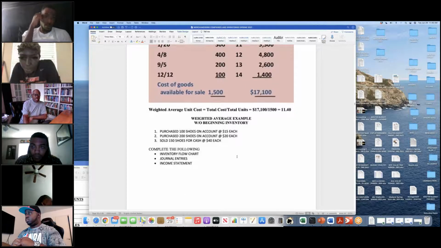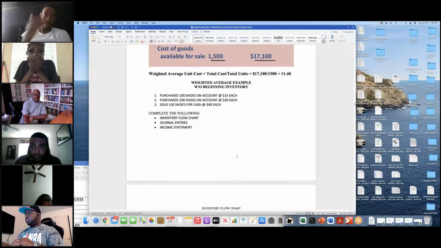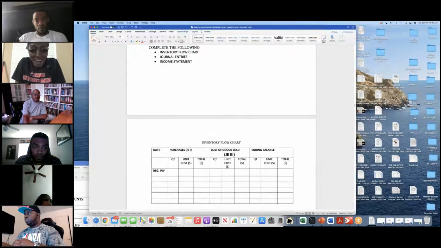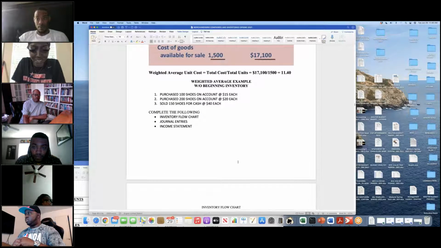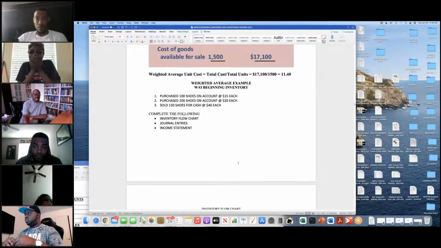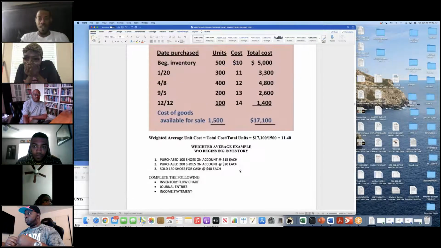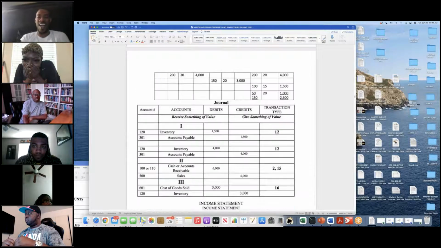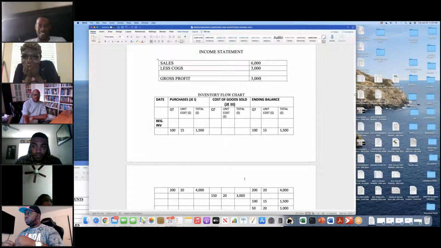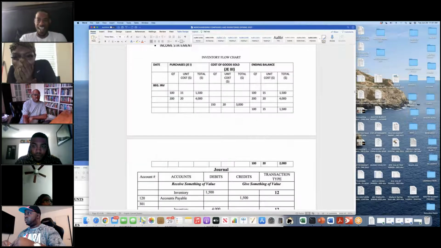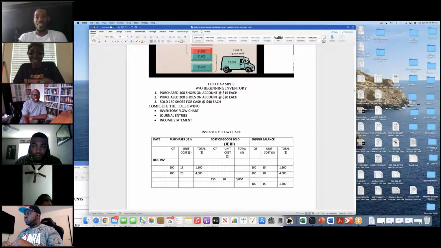Let's see how that works in our simple problem where we were purchasing 100 pairs of shoes at 15 and 200 pairs at 20. So let's see if we can pull that information in again. We're pulling in the same information on the purchase side.